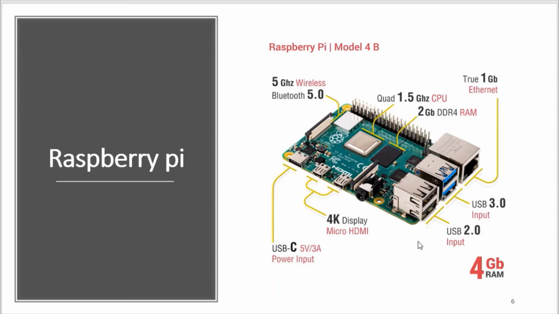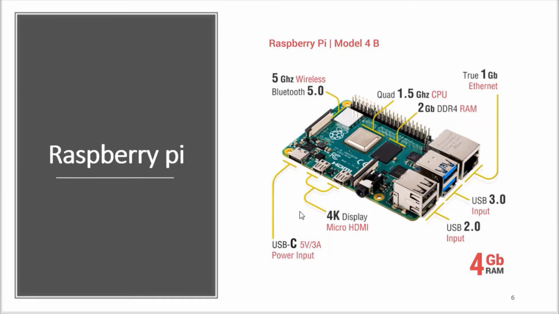The reason that I chose this model is that it has a Wi-Fi connection, there are USB inputs here, and there is a GPIO that I use to control the house. Also it has 4K display micro HDMI. So let's continue.